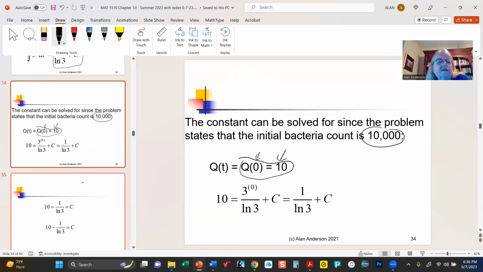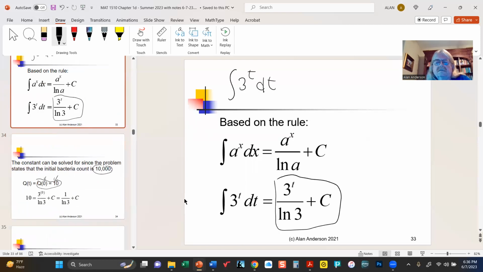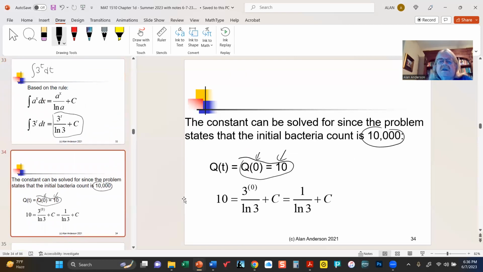So what that means then is that since our integral is 3^t, Q of 0 — actually, let me write it out directly, the integral of 3^t dt.